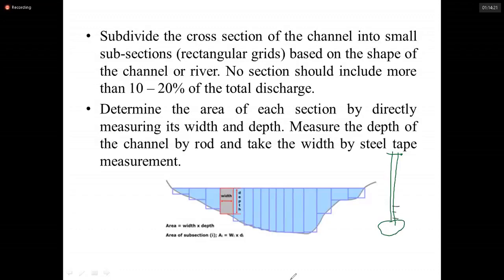Here the measurements are marked. Zero is starting at the bottom part: 0, 1, 2, 3, 4, likewise. So once we immerse this rod here, zero is here. So we can directly take the surface depth using this rod.